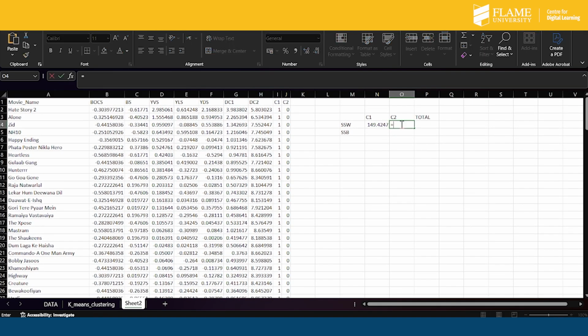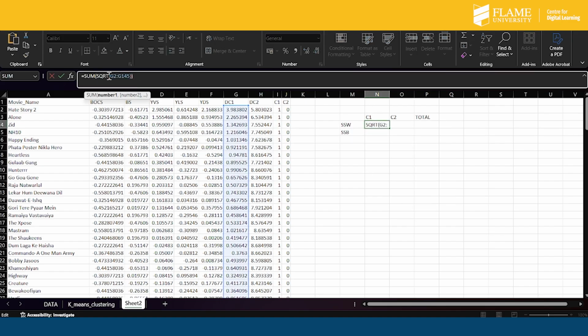Now for cluster 2, similarly, I can use it, and here it is square only. So this is nothing but the square you have to take, the individual square. So take a square and then sum.